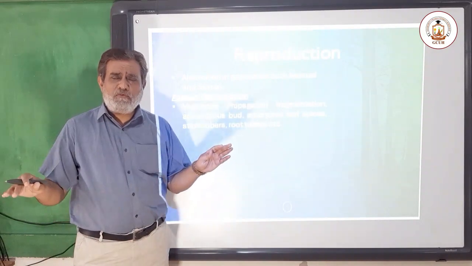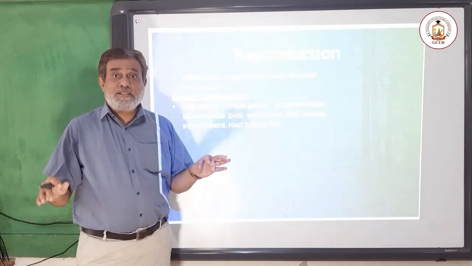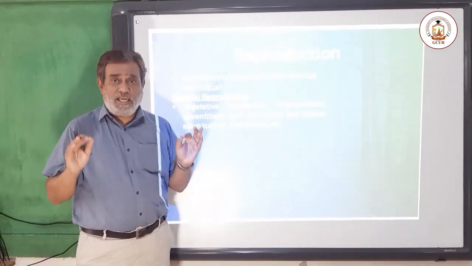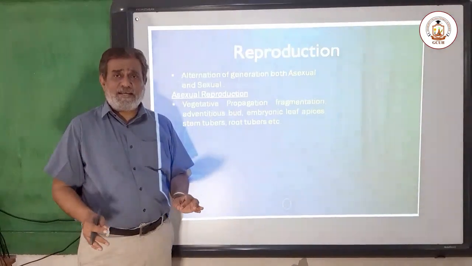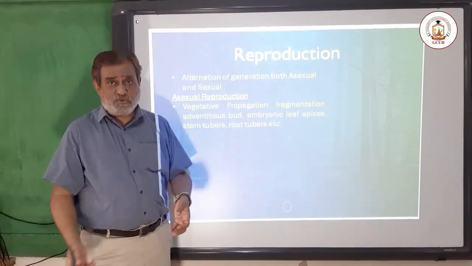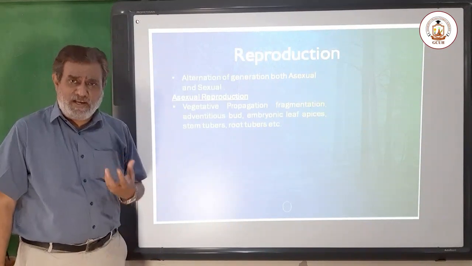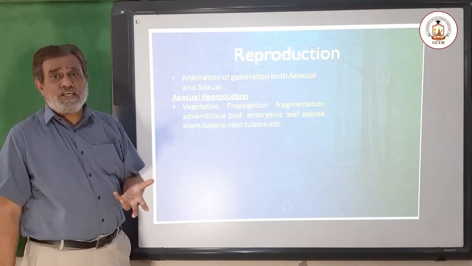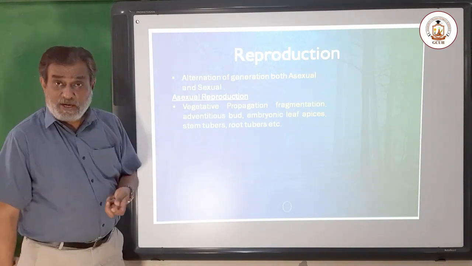The usual, routine type of asexual reproduction during the life cycle is spore formation. Every sporophyte has a specialized structure called the sporangium, and the sporangia produce spores by meiosis.